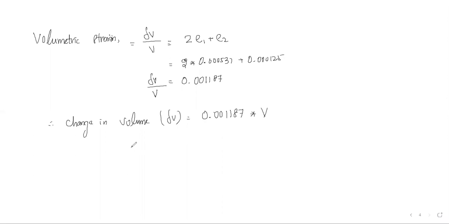Okay. So the original volume V is equal to pi by 4 into D squared multiplied with L. So pi by 4 into 250 squared multiplied with 500. It becomes, so the value of volume is equal to 24.544 into 10 to the power 6 mm cube.